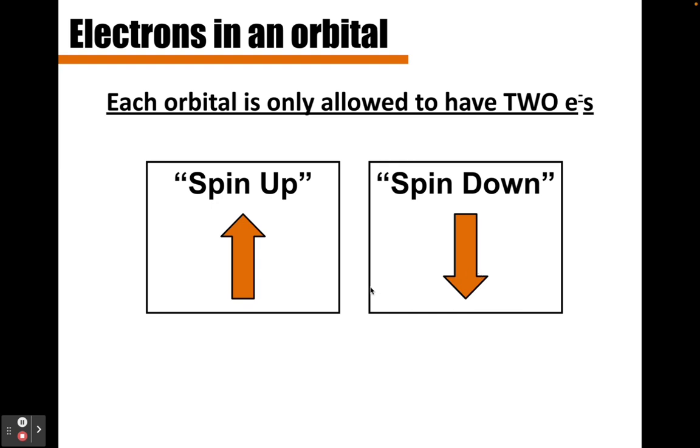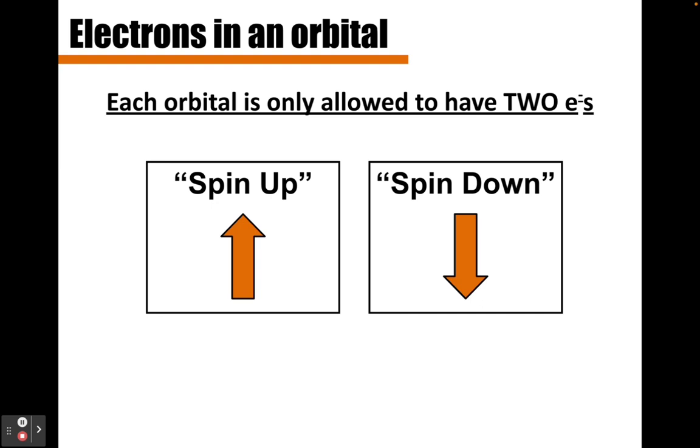In an orbital, you only have 2 electrons, and those electrons are only allowed to have a spin up and a spin down. So that, ladies and gentlemen, is the 4 characteristics of orbitals, or what we call the 4 quantum numbers. 4 things that we use to describe orbitals and the electrons in orbitals.